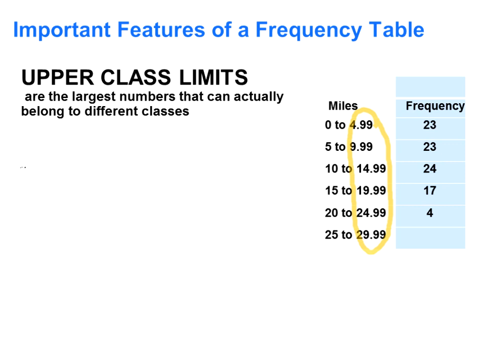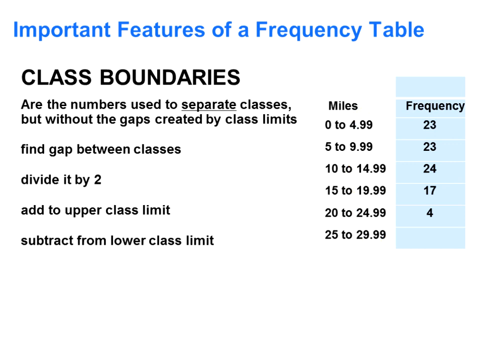They're the largest numbers that can actually belong to the different classes. So the largest data value you can put in the first class is 4.99. That's the largest data value. The largest data value you can put in this class is 29.99. Okay, so those are the upper class limits. And then we have class boundaries.